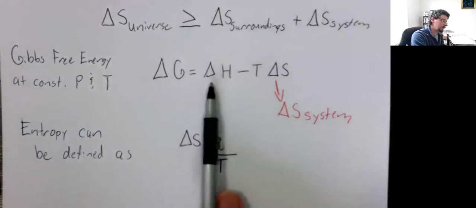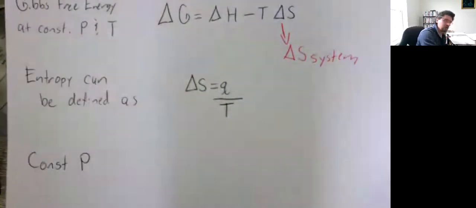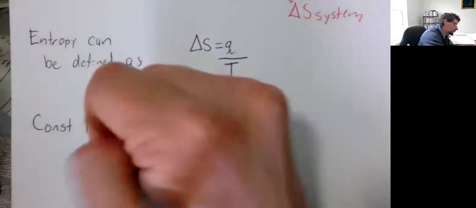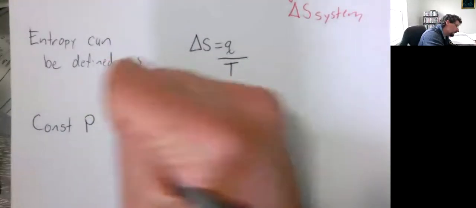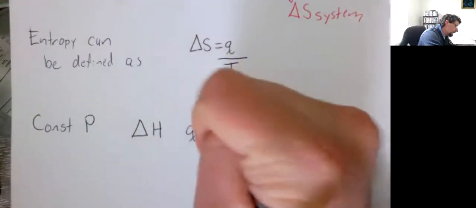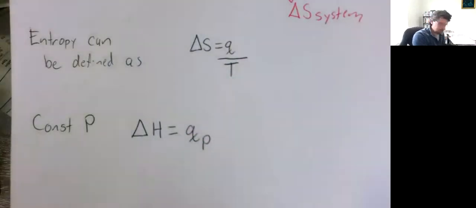To do that, let's first look at delta H here. Okay, so we have constant pressure, which is a big deal. We know something about the relationship between delta H and Q at constant pressure. We know that these two things are equal to one another.